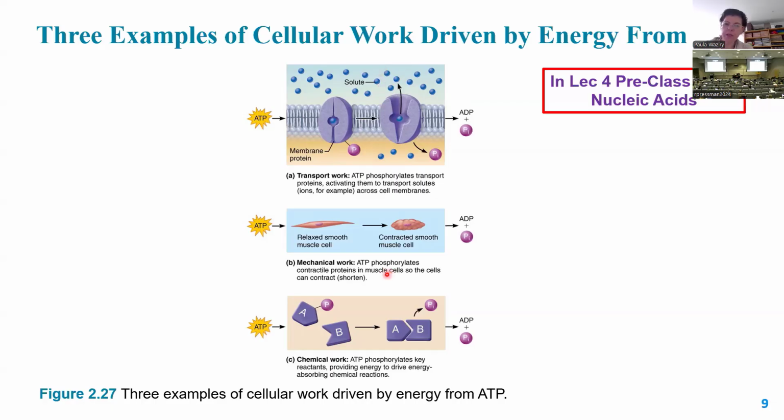Another example is mechanical work. If you're going to contract muscle cells, you have to use energy for that. Another example is synthesis, or anabolic reactions. You need to use energy to build bigger molecules in anabolic reactions.